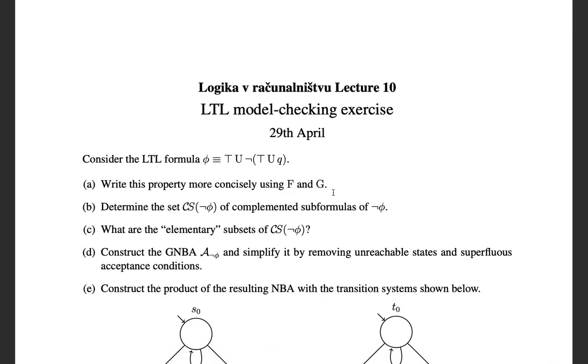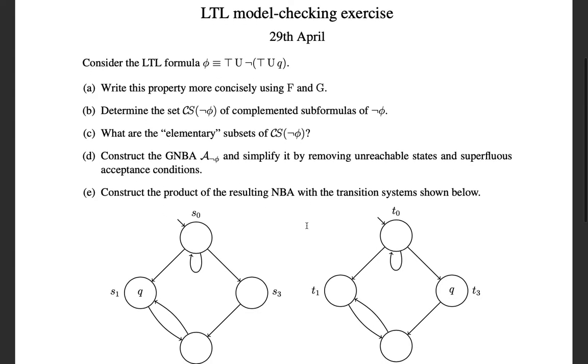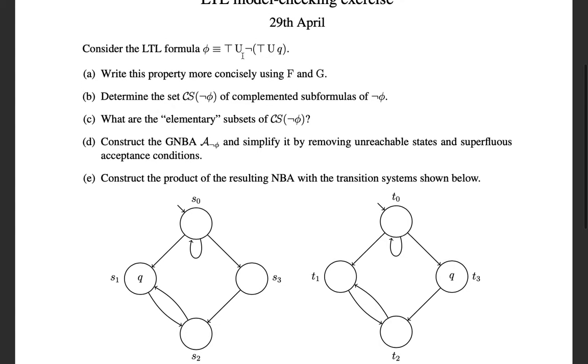Right, so here's the exercise that you've seen, and what we have is a formula phi in LTL, linear time temporal logic, and our purpose is to model check this formula in two different rather simple transition systems. It's also a rather simple formula, and of course that's not really a very difficult thing to do.